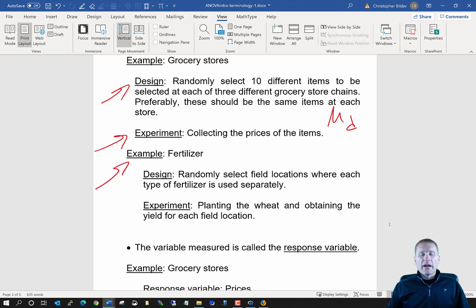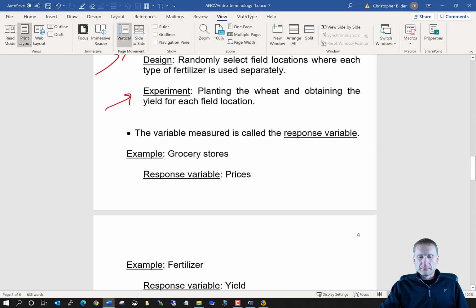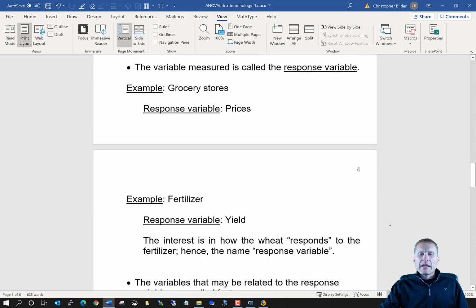With respect to the fertilizer example, what we could do is randomly select some field locations where each type of fertilizer is being used. That's the design. And then the experiment is planting the wheat and obtaining the yield for the particular field location. Now, the variable that we actually measure in this experiment is called the response variable.